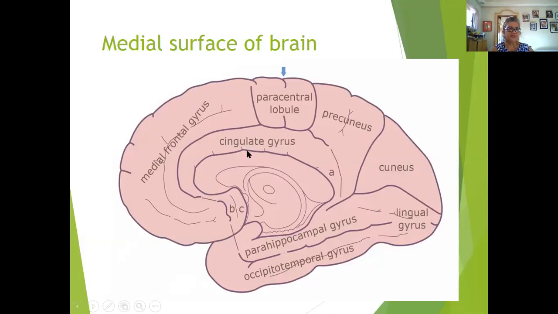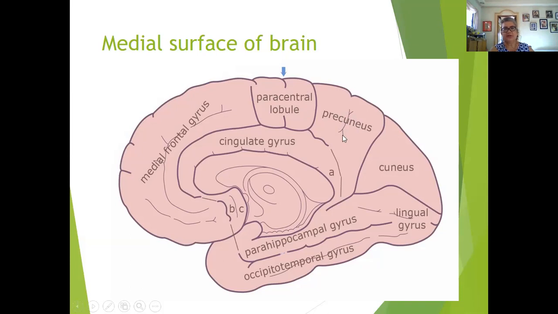Your corpus callosum is below your cingulate gyrus. So here you have the frontal lobe, the medial frontal gyrus, your paracentral lobule, your precuneus. Your paracentral lobule belongs to your frontal and your parietal lobe.